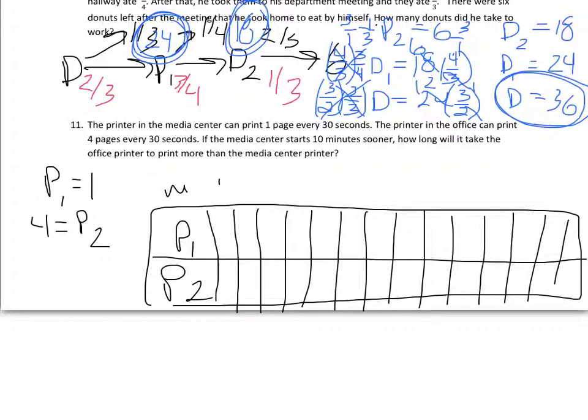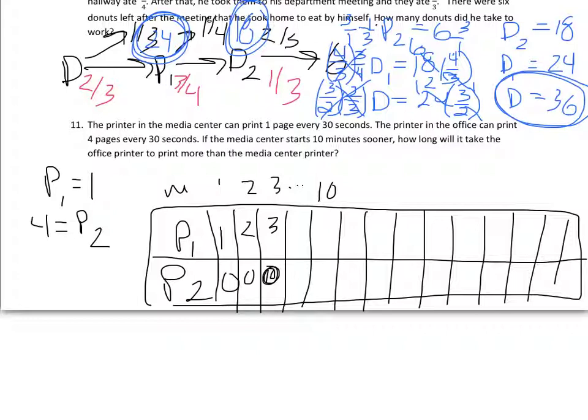So in minute 1, the printer in the office can print 4 pages, the media printer prints 1. At the end of 1 minute, printer 1 is going to have 1 and 0, because this one hasn't started yet. At the end of 2, we're going to have 2 and 0. At the end of 3, 3 and 0. So I think we can extrapolate to the end of the 10th minute.